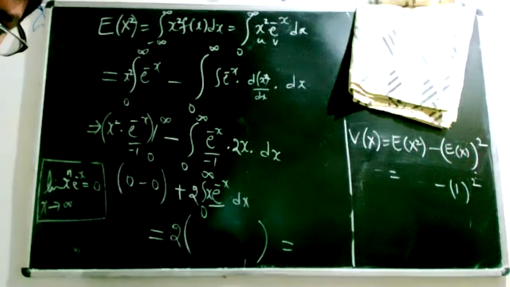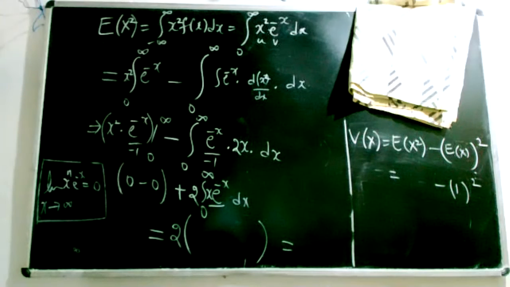E of x square is equal to 3, he says. So Somesh is getting 3. It should be 2. Check the steps, Somesh.